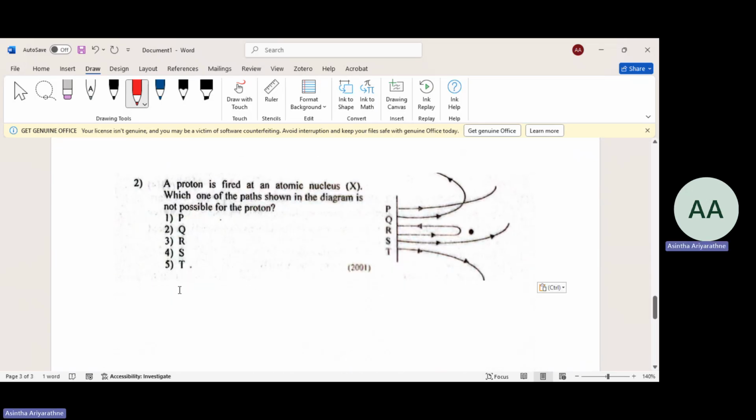A photon fired at the atomic nucleus, which is positively charged, is not charged either, so it cannot be attracted towards the nucleus, and it cannot be deviated away either.